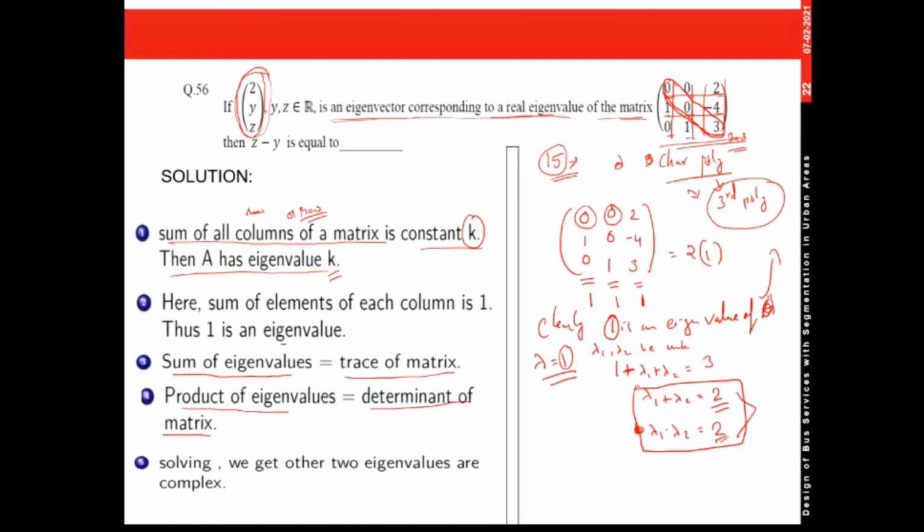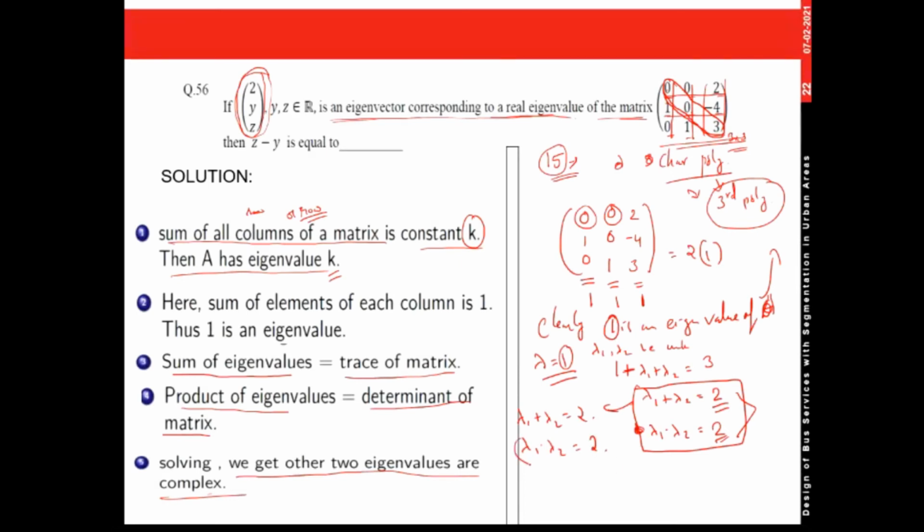If you have any question, you can ask me. So is it clear? The other two eigenvalues must be complex, because lambda 1 plus lambda 2 is equal to 2 and lambda 1 into lambda 2 is equal to 2.